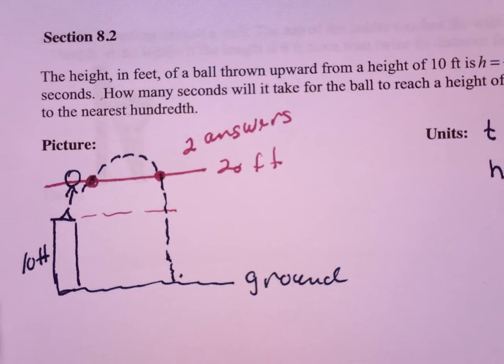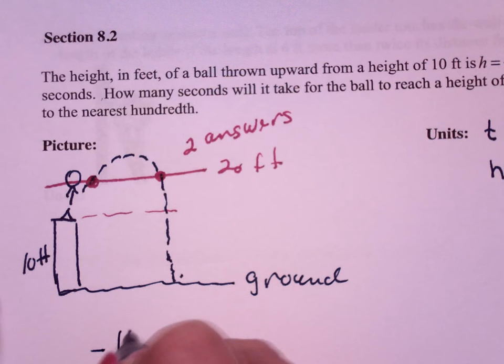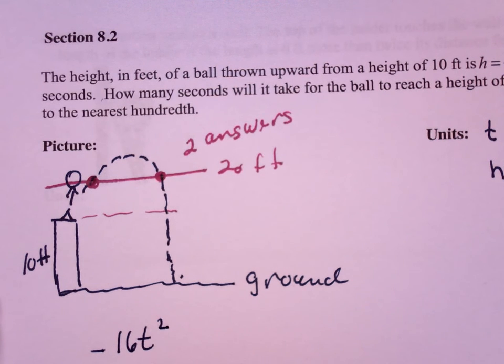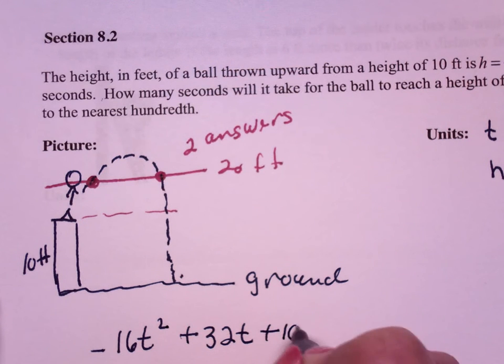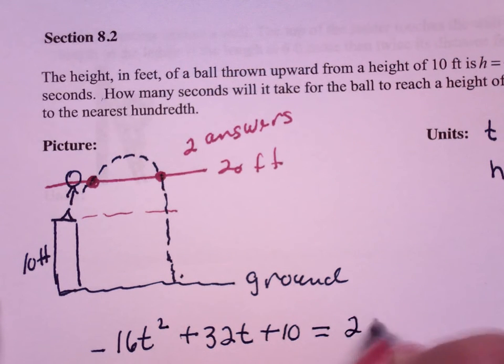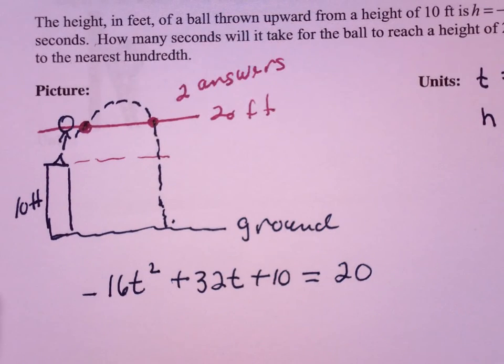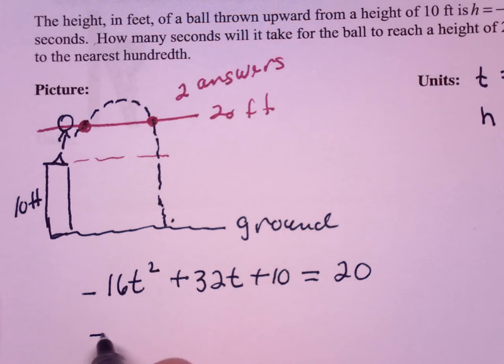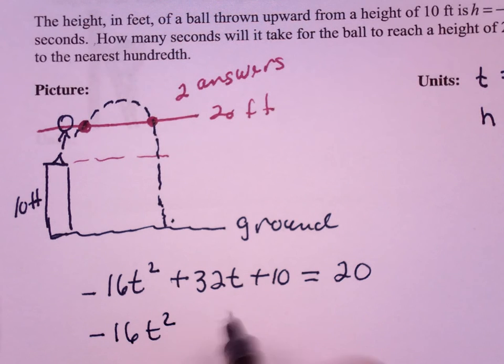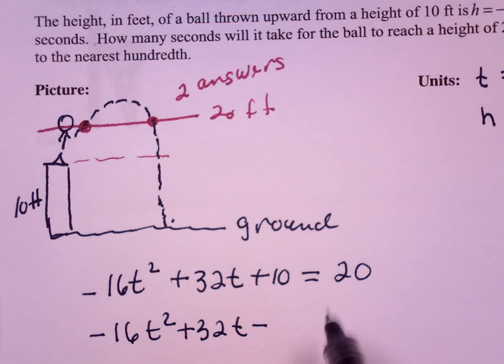So I want to know when negative 16t squared plus 32t plus 10 equals 20, or negative 16t squared plus 32t minus 10 equals 0.